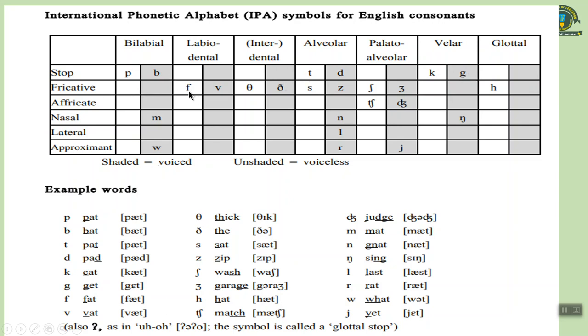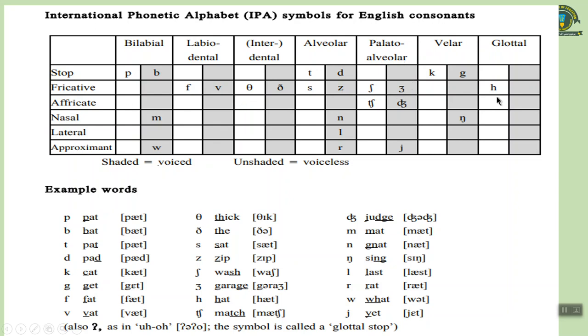Then there are fricatives. Fricatives we have labiodental fricatives produced with the help of teeth and lip. Then there are dental fricatives, th and the, and s and z alveolar fricatives. When you are pronouncing these, your tongue is touching the alveolar ridge, or is at least near the alveolar ridge. When you are pronouncing these sounds, sh and zh, your tongue is in the post-alveolar area.